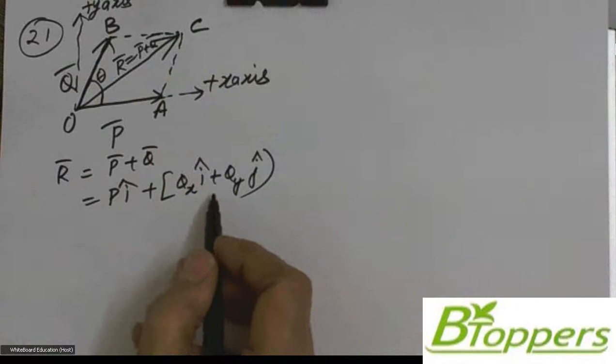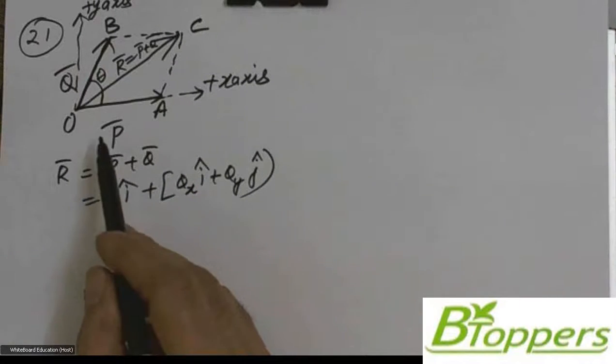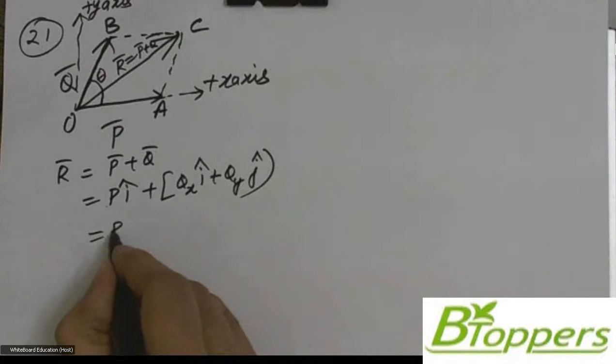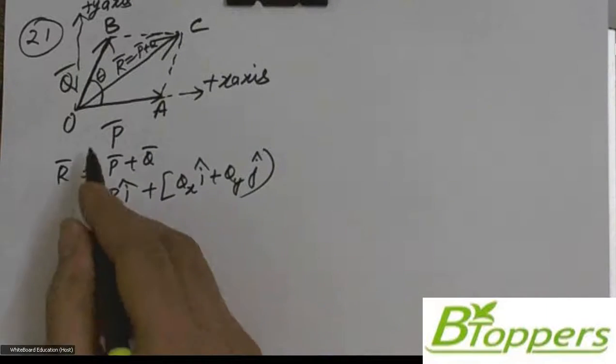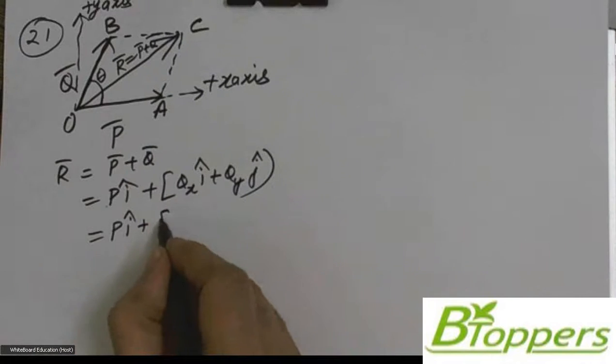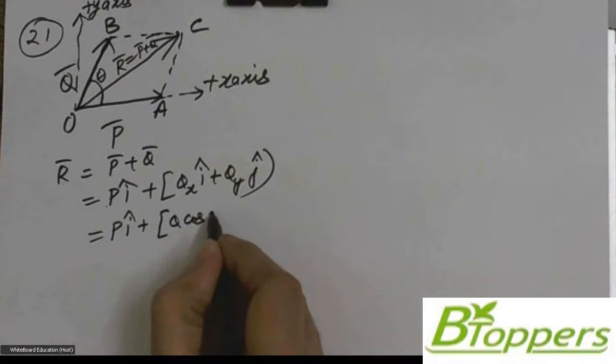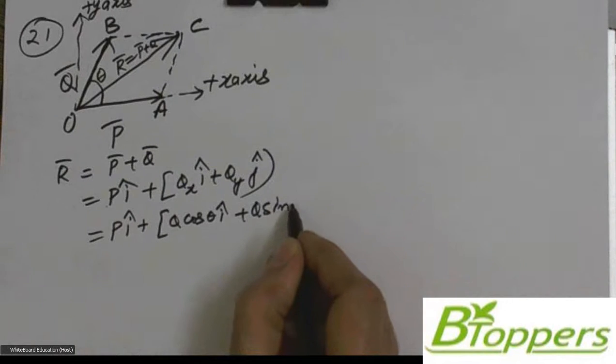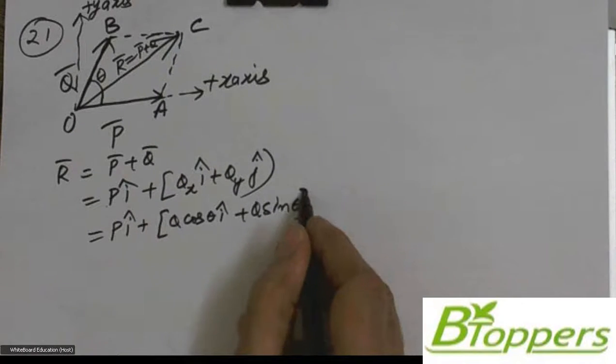Qx and Qy are the rectangular components of Q bar in the directions along P bar and perpendicular to P bar. Theta is the angle made by vector Q bar with the x-axis. Then Qx can be written as Q cos theta, and Qy can be written as Q sin theta.